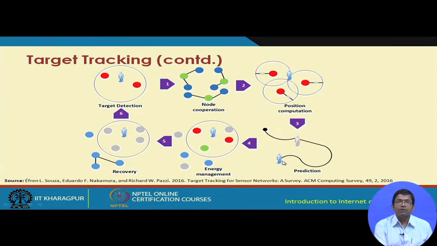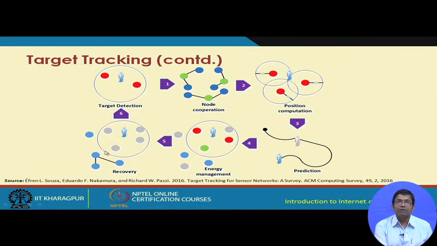This particular position has to be predicted, and thereafter issues such as energy management have to be taken care of, because it should not happen that a large number of sensors are activated and they all start sensing. So, what is the minimum number of sensors required in order to efficiently track the target?